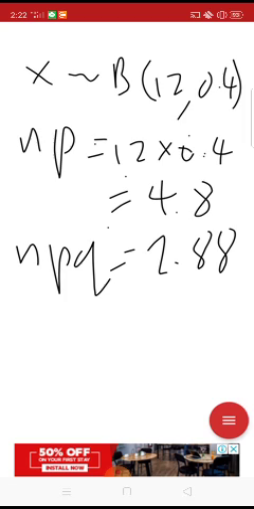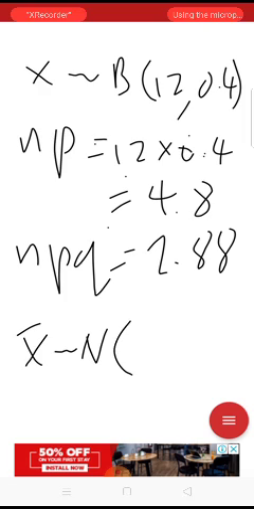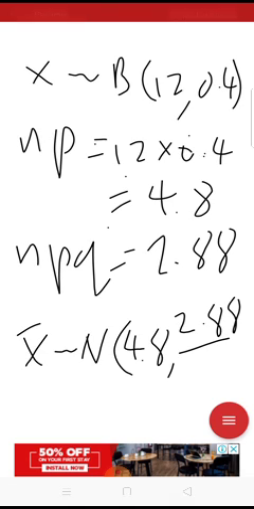And don't forget this is a random sample, so be careful about this. Your new distribution will be normal, because n is larger than or equal to 30, with mean 4.8 and variance 2.88 over 100. So this is your distribution.